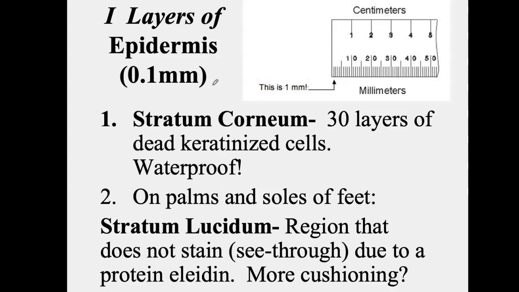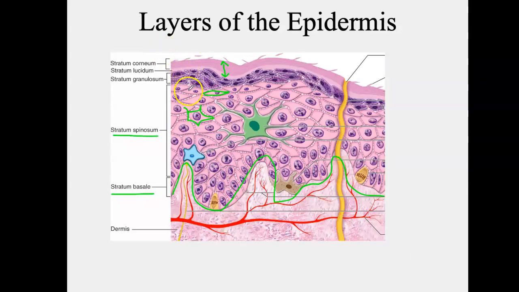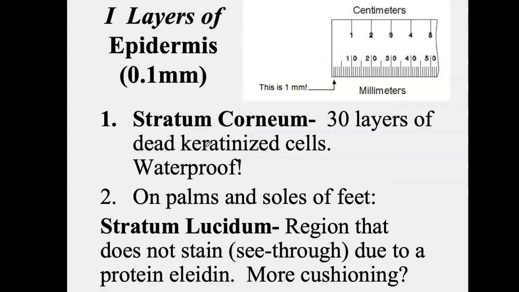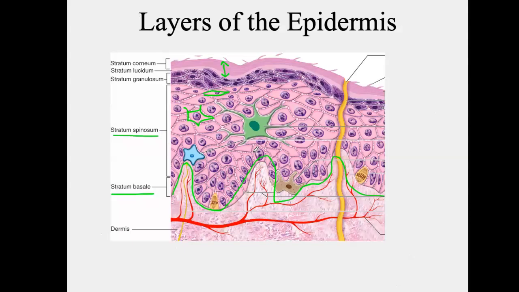The layers of the epidermis, where the epidermis is about 0.1 millimeter. Is that crazy? So this whole thing here is about 0.1 millimeter. So in itself, it's just tiny. And now we're going to go to the stratum corneum. There's only about 30 layers of dead keratinized cells. So let me go back.